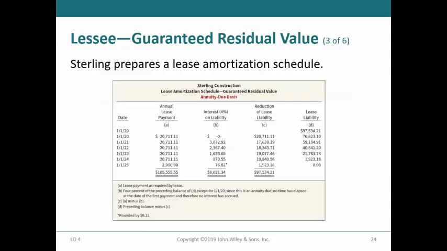This is the amortization table for Sterling that includes the $2,000 of the guaranteed residual value that Sterling believes that it will owe to Caterpillar at the termination of the lease. This does change the amortization table to include not only the 5 $20,711.11 annual rental payments, but also the $2,000 anticipated amount of the guaranteed residual value.